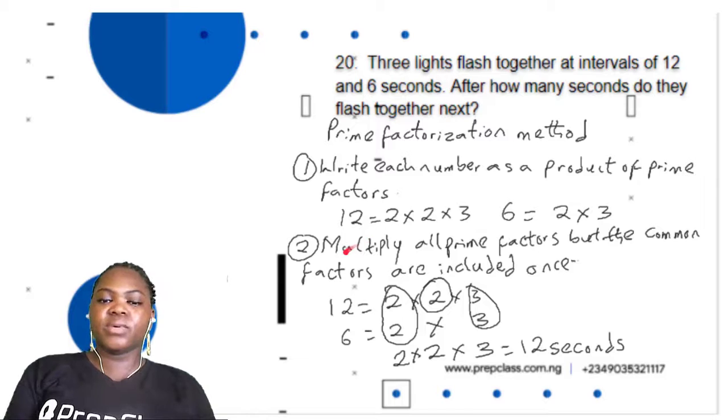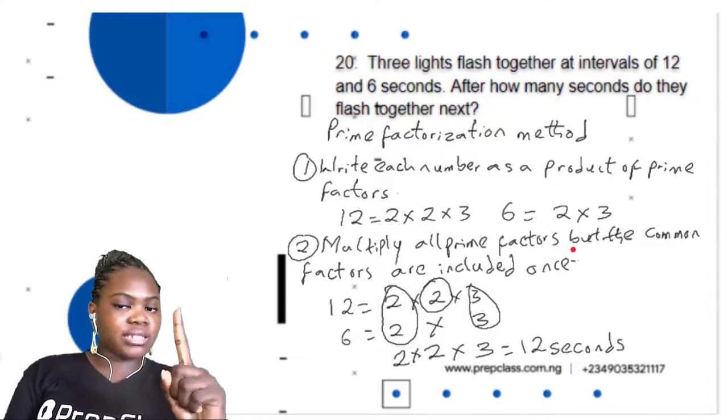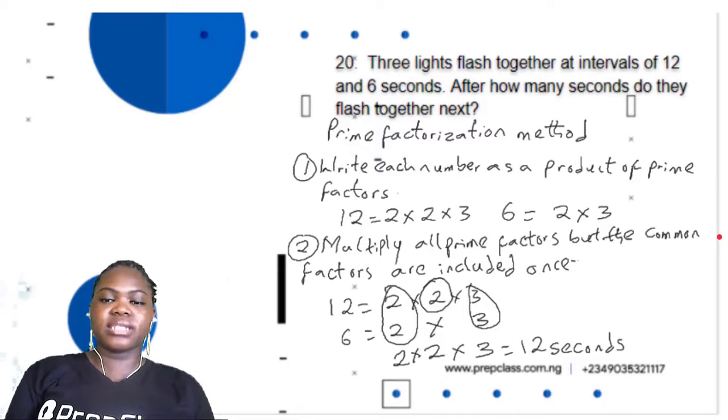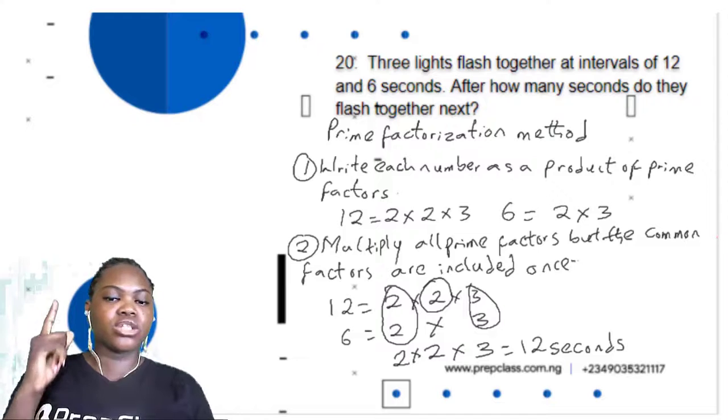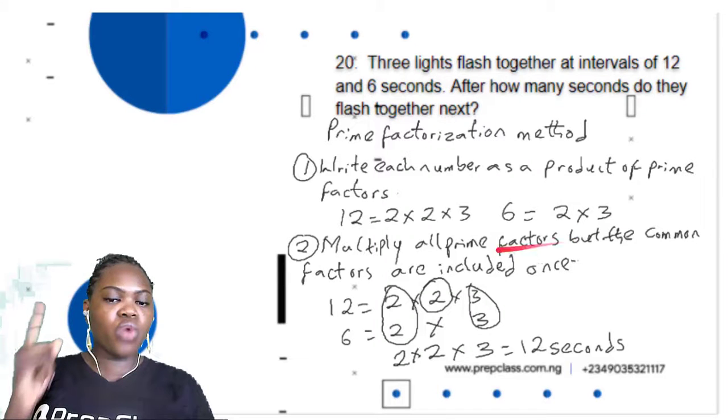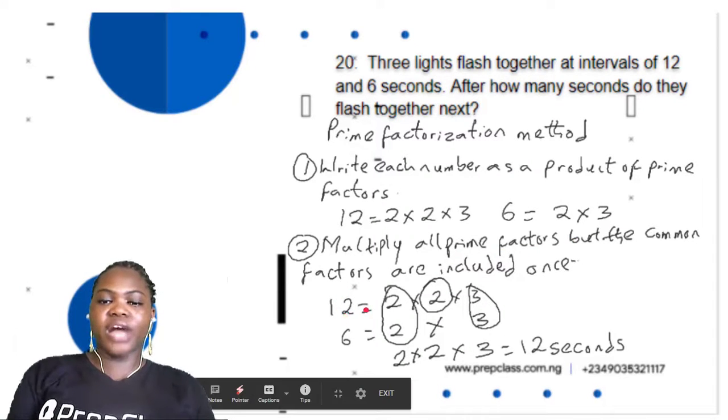Now, the second step is to multiply all prime factors. But note something, the common factors are included just once. So let's write it down. The prime factors of 12 are 2 times 2 times 3. Then 6 is 2 times 3. 2 and 2 are common factors, so we write it down just once.